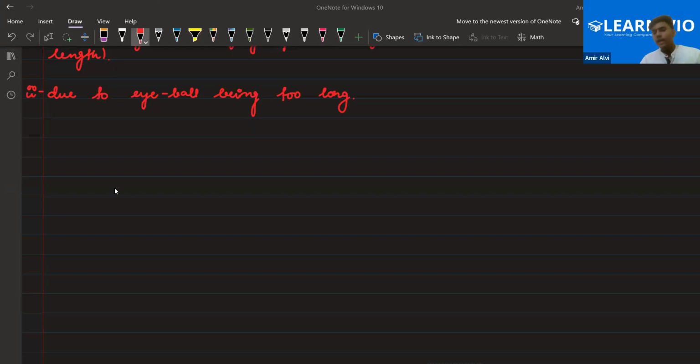Now let's understand how to correct the myopic eye. There is a diagram for the myopic eye.